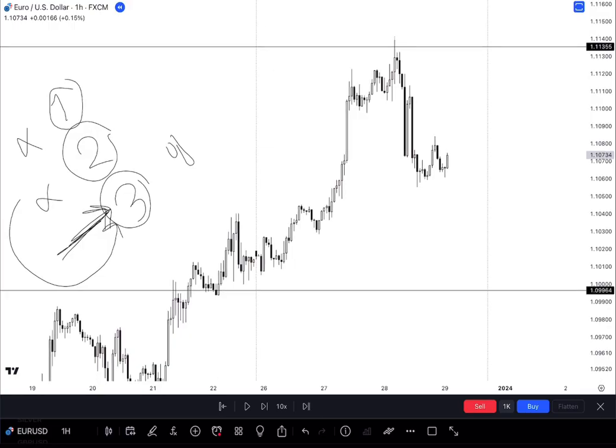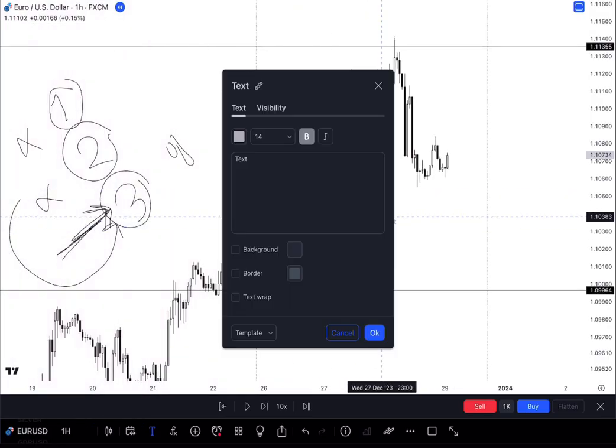So that's it. Once again, you have the higher time frame key level. That's step 1. Mark it out.